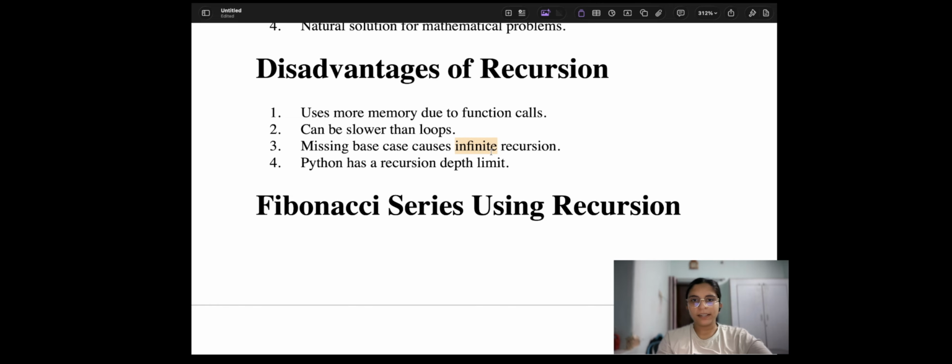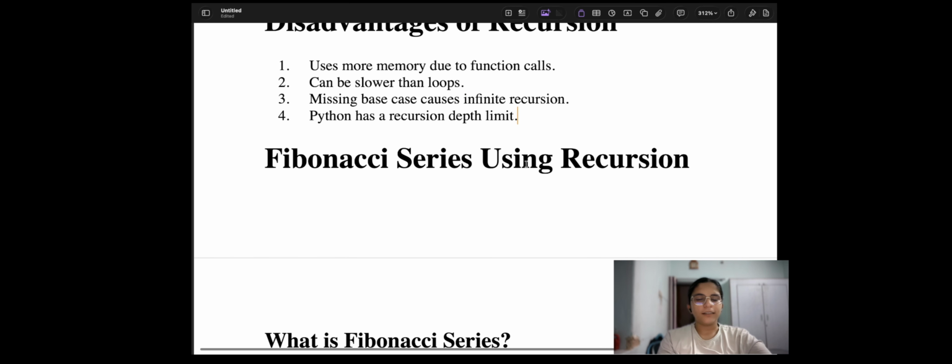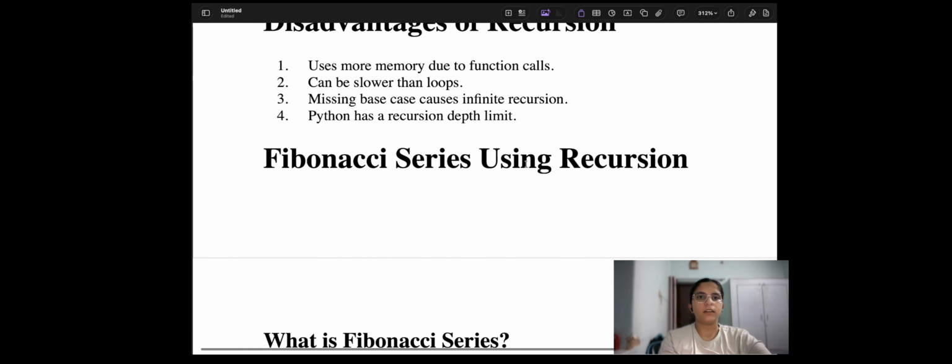I had to quit that program, and after that my laptop started working properly. It was not working properly because of the infinite recursion. Python has a recursion depth limit. We are going to discuss this point later on in our journey of this Python master class.